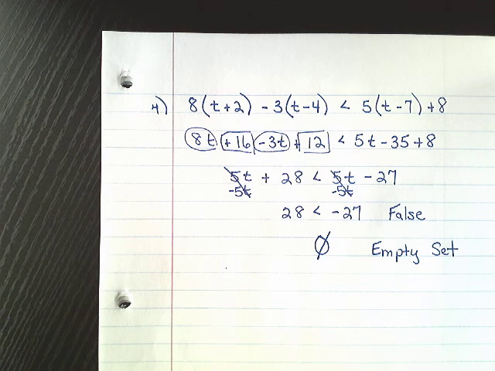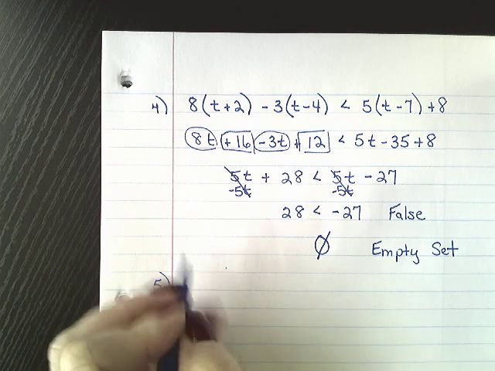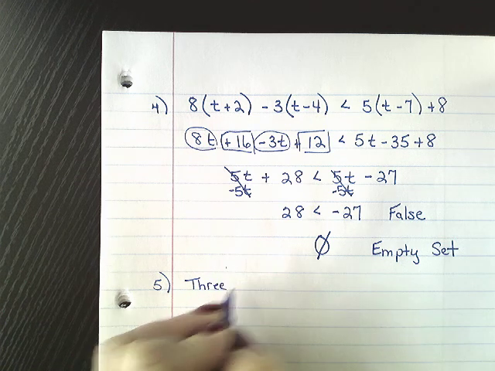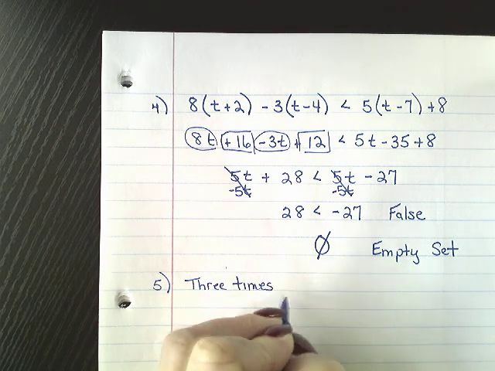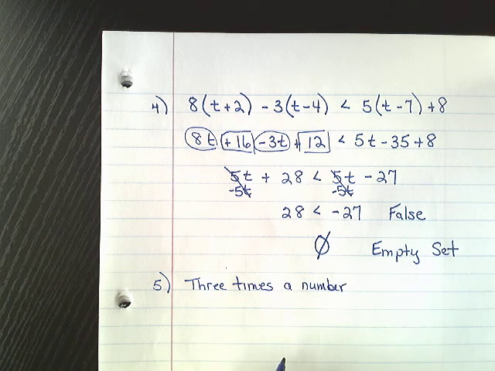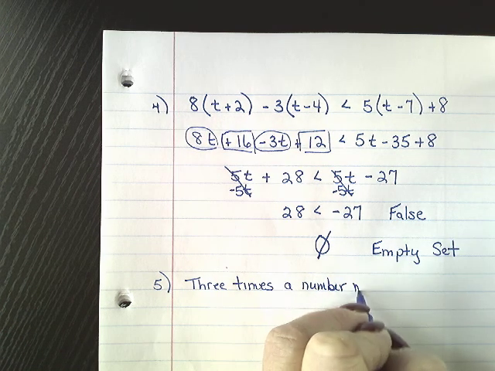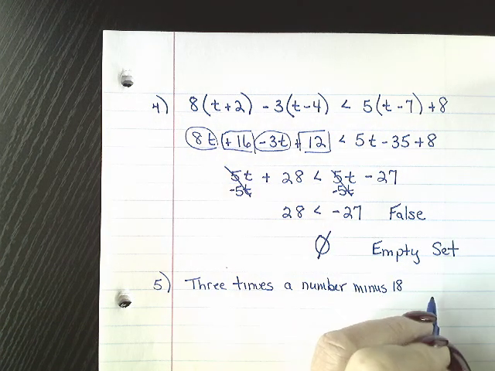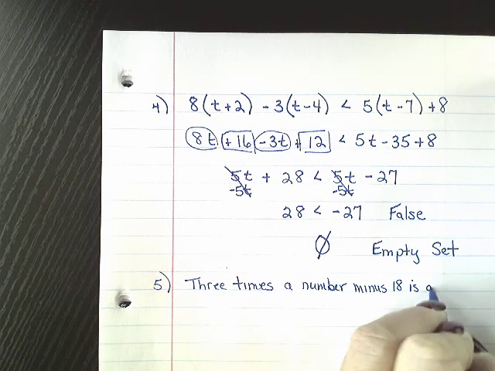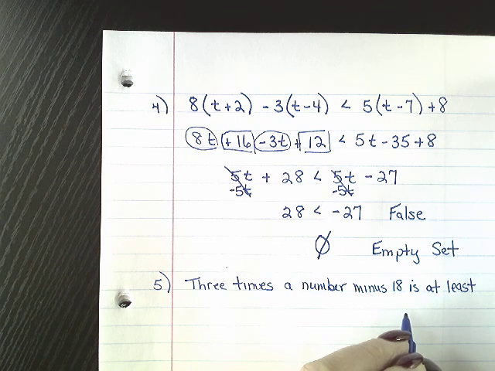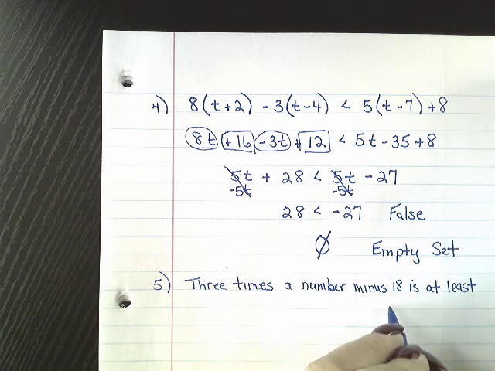All right, let's do one last example. I'd like to write and solve an inequality. So we have 3 times a number minus 18 is at least 5 times the number plus 21.